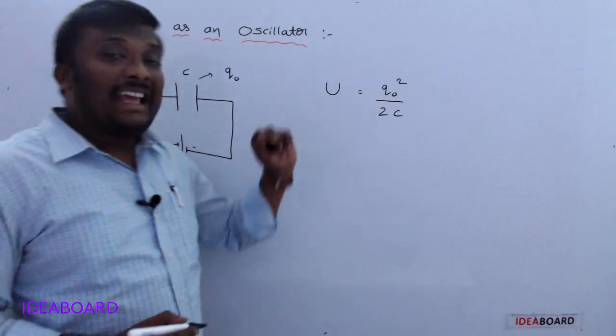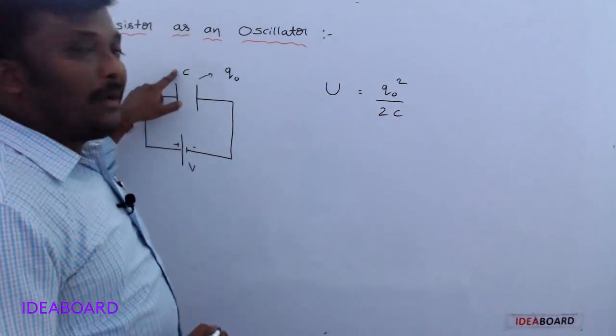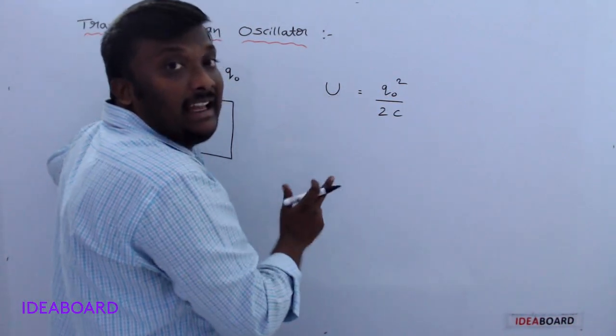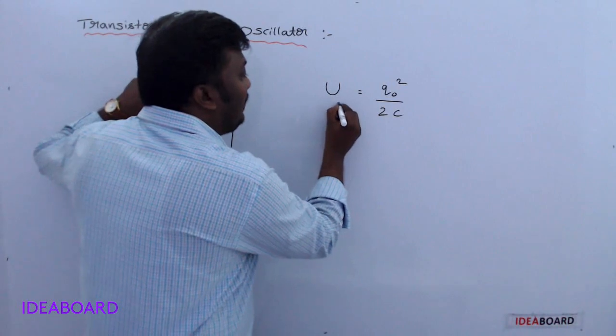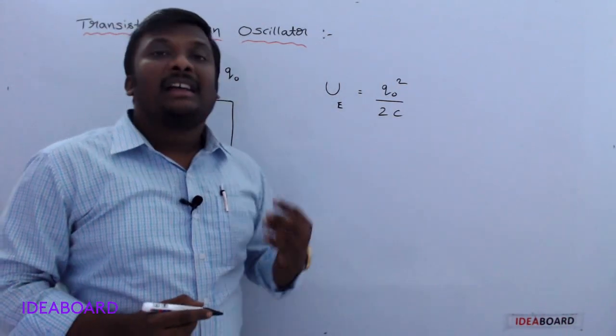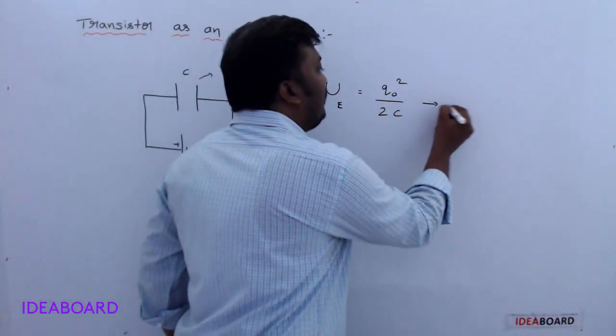This energy is always stored as electrical energy in the capacitor. That's why I write it as E. E represents electrical. Let this be equation number 1.